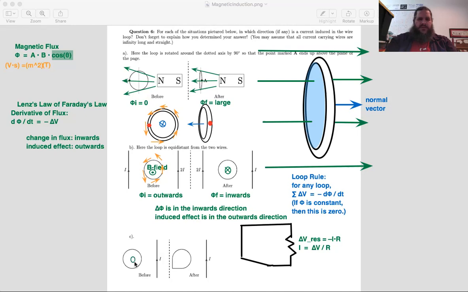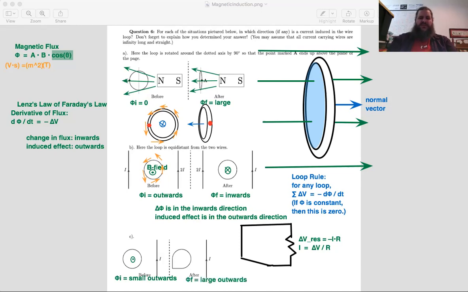Yeah, you should have an outwards magnetic field. And the magnetic field isn't changing, but what is changing here? The area. Right. And so what would you expect that to do to the flux? Increase it. Yeah. Initial flux is going to be, let's say, small and outwards. And then the final flux is large and outwards.